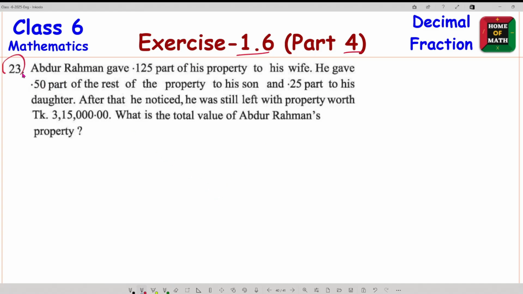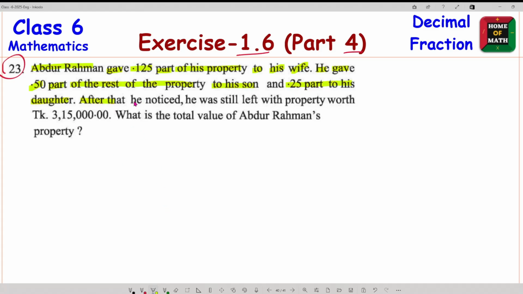Our question 23 mentioned that Abdur Rahman gave 0.125 part of his property to his wife. He gave 0.5 part of the rest of the property to his son and 0.25 part to his daughter.